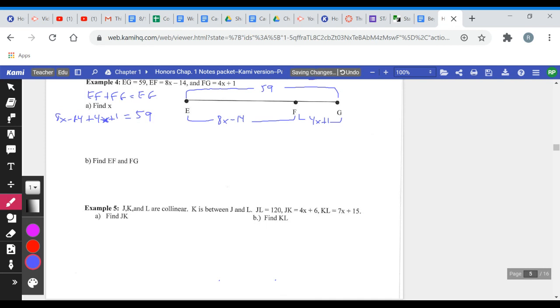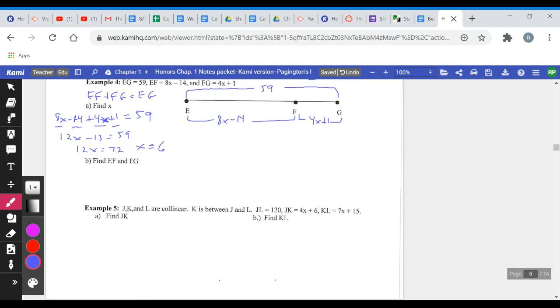Okay, now you're just solving the algebra from there, and then we can move on to part B. So in terms of the algebra, remember, we're going to combine our like terms together. The 8x and the 4x combine together to give me 12x. The negative 14 and the positive 1 combine together to give me negative 13, and that's equal to 59. From there, I can go and add 13 to both sides. So I get 12x is equal to 72. And I can divide by 12 on both sides and get x is equal to 6.